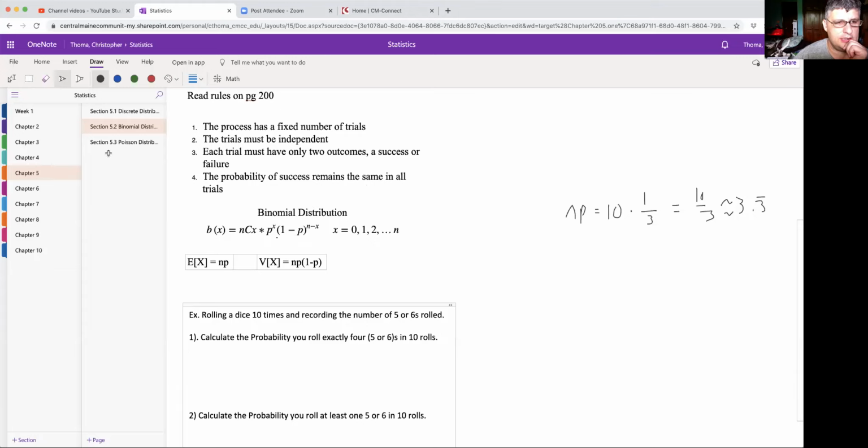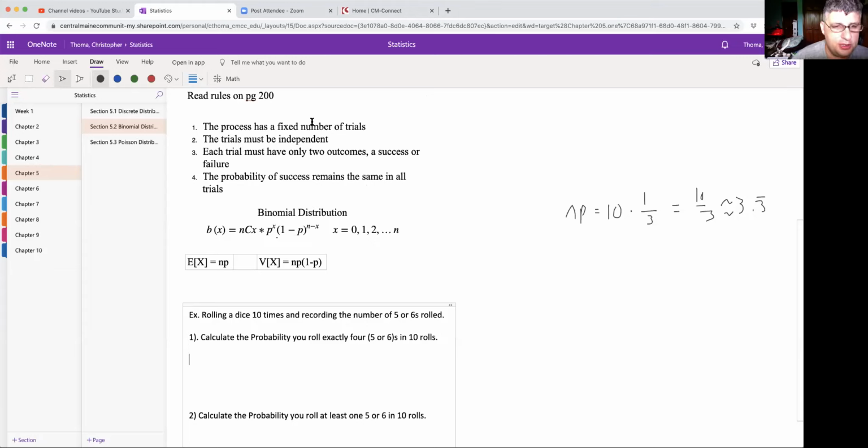And for variance, I'm trying to remember the variance formula off the top of my head. I'm going to cheat and go back to this one. There we go. It is my event minus my mean, squared, times the probability.